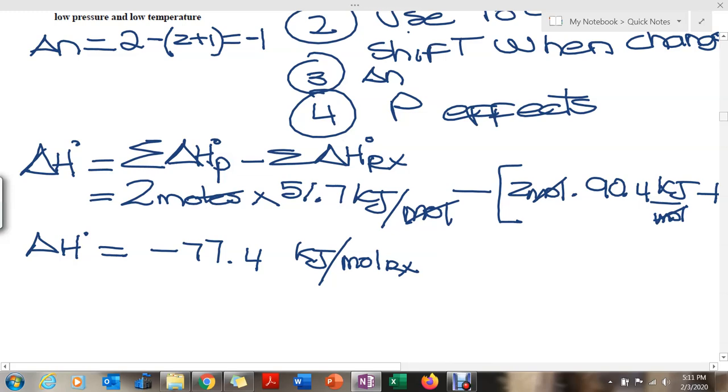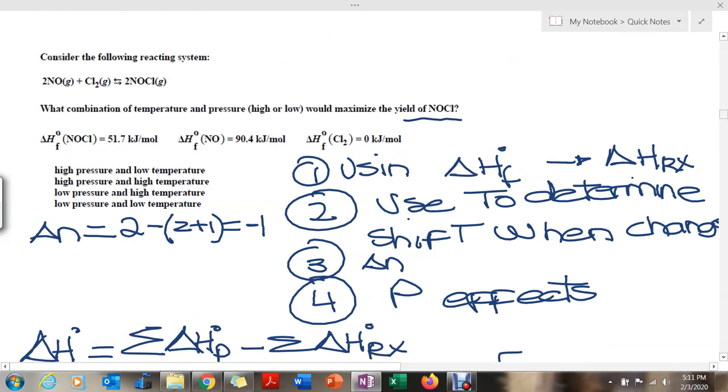Okay, let's look now at the combination. The delta N is negative, which means the product has fewer moles. And the enthalpy is negative. So if you increase the pressure, that's the condition, the reaction would go to the least amount of moles, meaning the side with the least moles, the products.